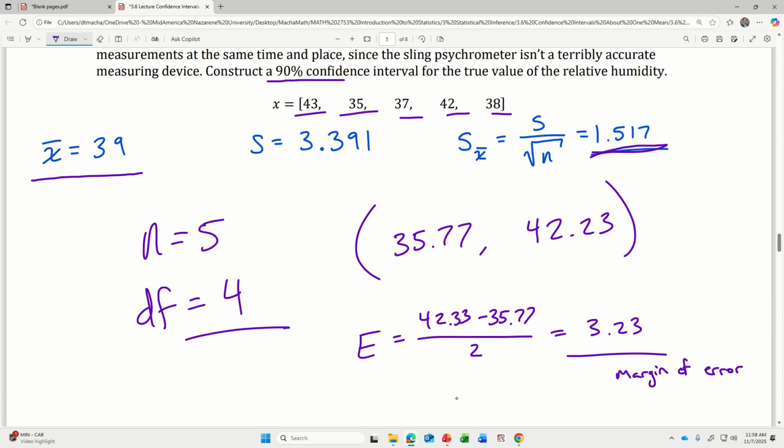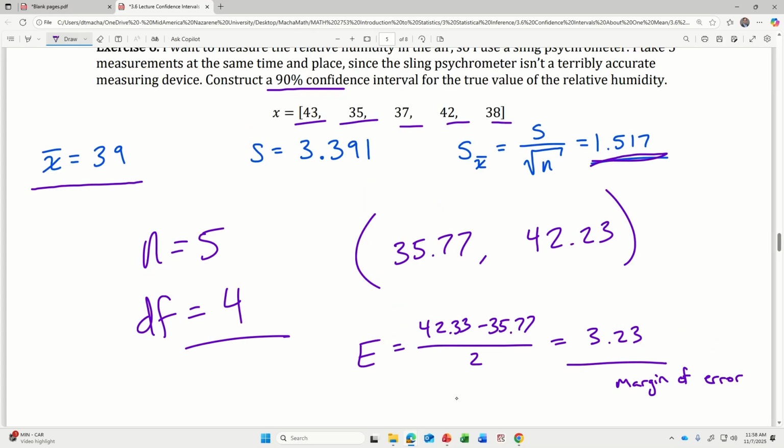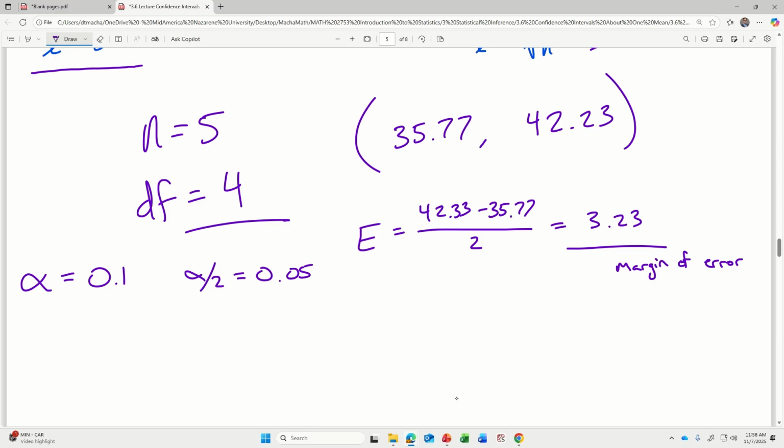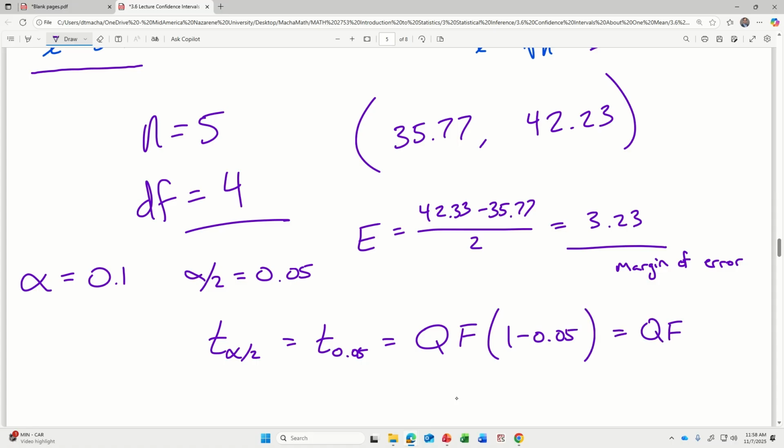And then what's the t alpha divided by 2? So alpha is 0.1. Alpha divided by 2 is 0.05. t alpha over 2 would be t 0.05, which would be the quantile function evaluated at 1 minus 0.05, which would be the quantile function evaluated at 0.95.